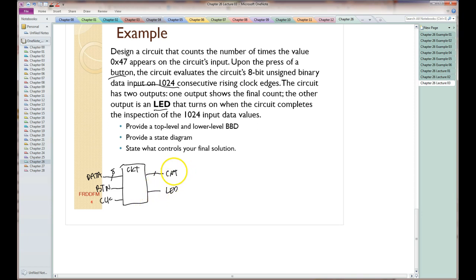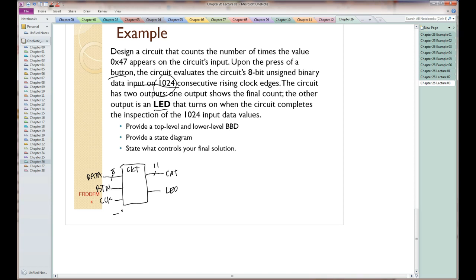The count here is the number of times it sees the number 47, which means, and I'm going to look 1024 times, so it's tempting to say 1024 is 2 to the 10th, but you have to realize that with 2 to the 10th, the biggest number I can get with 10 bits is 1023. So this can't be 10. It has to be 11, because all 1024 of those values might be 47, which means I need 11 bits to encode it. So this is my final top-level black box diagram.